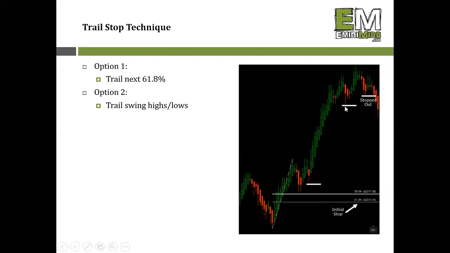But when we pull back and then make a new high, bring your stop up here to the next white line, and then you pull back and push up again. You can move your stop up underneath the next swing low. You don't necessarily have to wait for it to make a brand new high. You can wait for it to break the high of the individual candle to call that a swing low. And then that's where you would get stopped out on this particular trade.